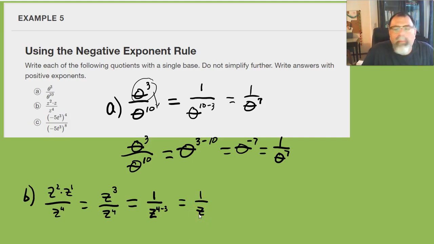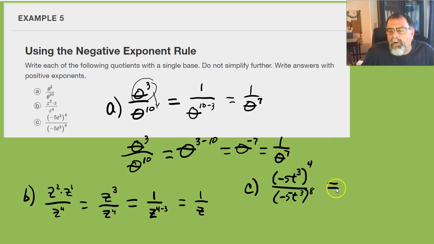All right, and then the last one, C there. Let's see, negative 5t cubed in parentheses to the 4th power over negative 5t cubed to the 8th power. So again, the base is everything inside the parentheses, and you can see they're the same. So I'm going to go 4 minus 8, which is negative 4, and then push it to the bottom, or I'm going to do my shortcut.